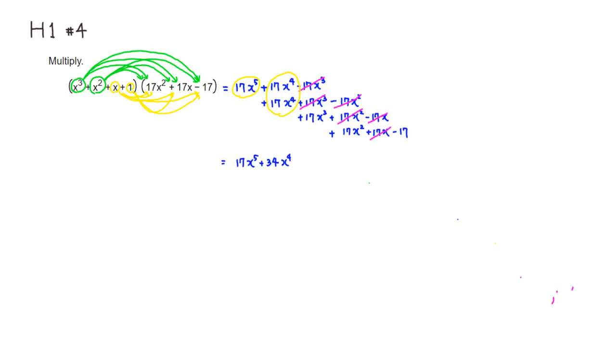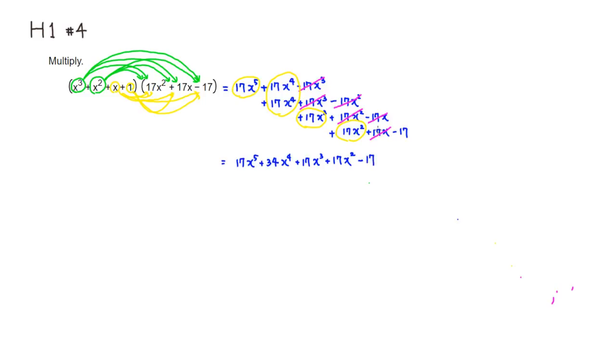Then we have plus 17x cubed, and here is 17x squared, and then you have a minus 17.